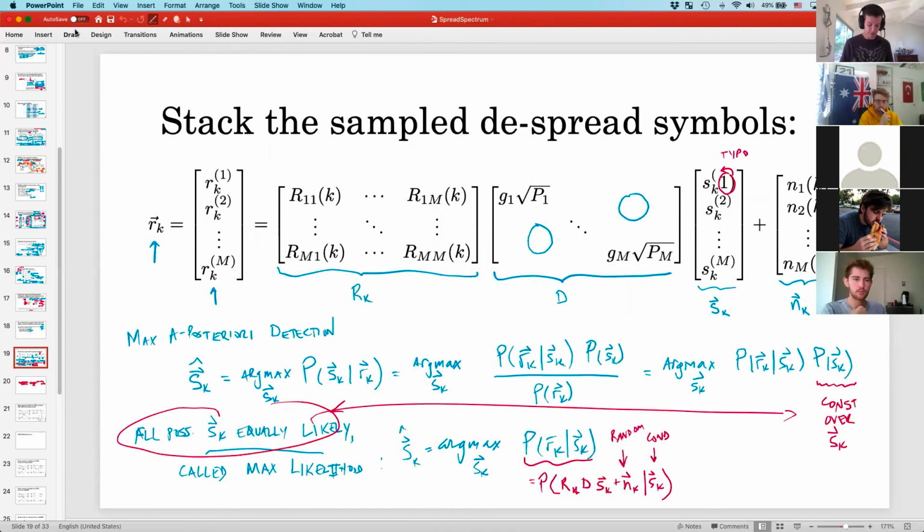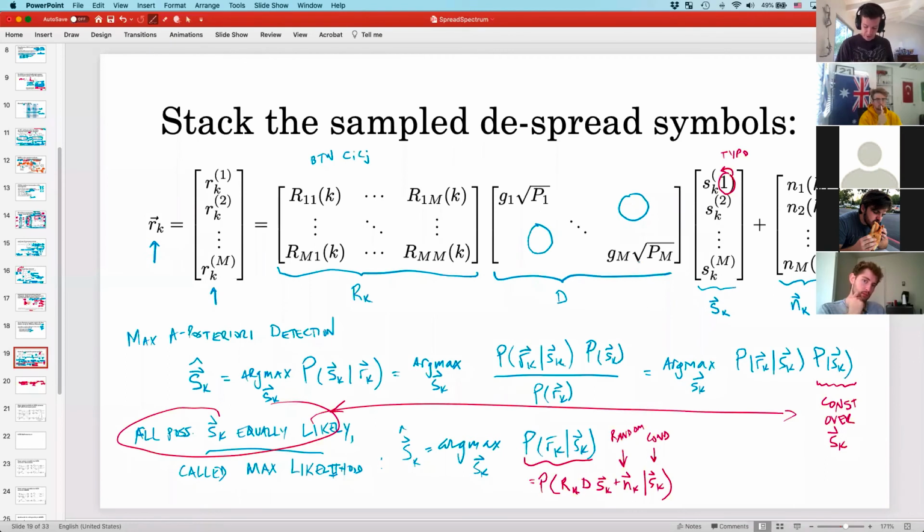And if you adopt that line of reasoning, then we had some abbreviations for the different received symbols stacked in a vector R sub k. We're going to have a matrix full of autocorrelation values, and these are autocorrelations between spreading codes, so C_i and C_j. And on the diagonal then would be autocorrelations between C_i and C_i.